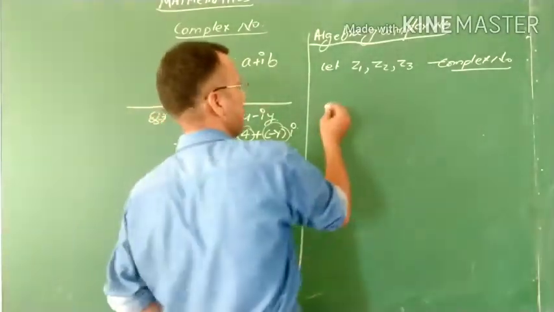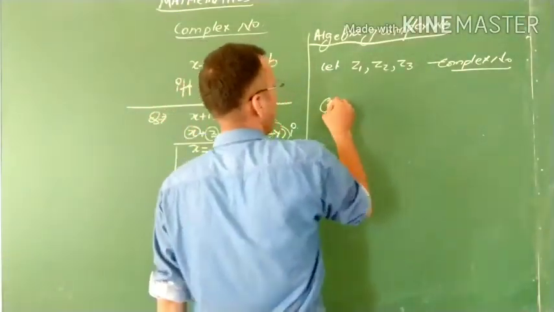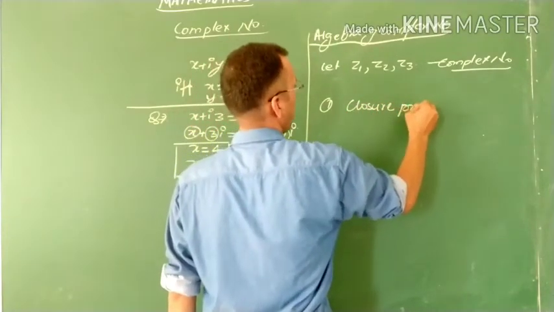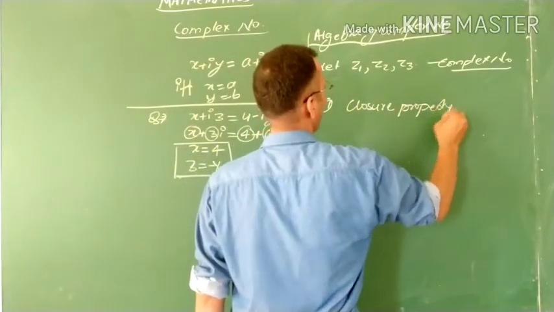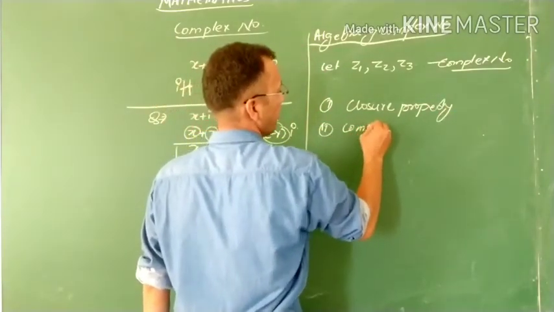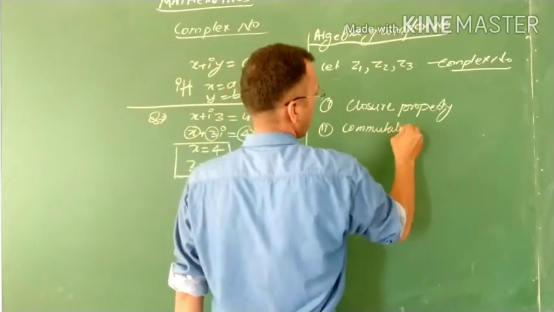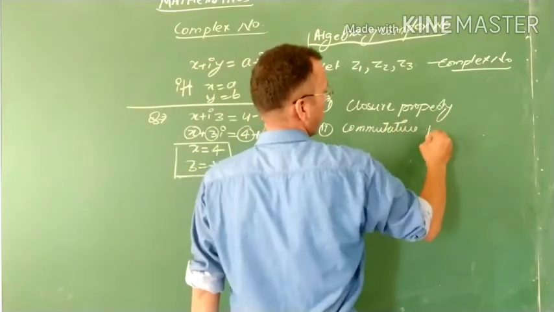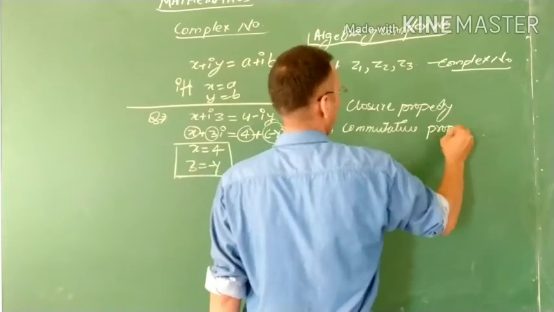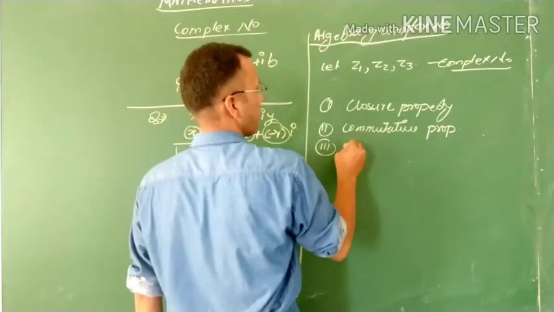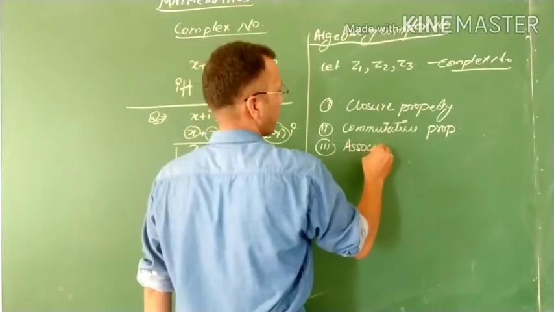The first part is closure property. Second, we will discuss commutative property. Third one is associative property.